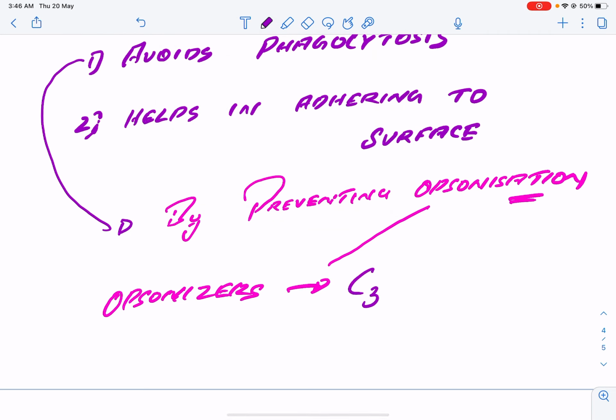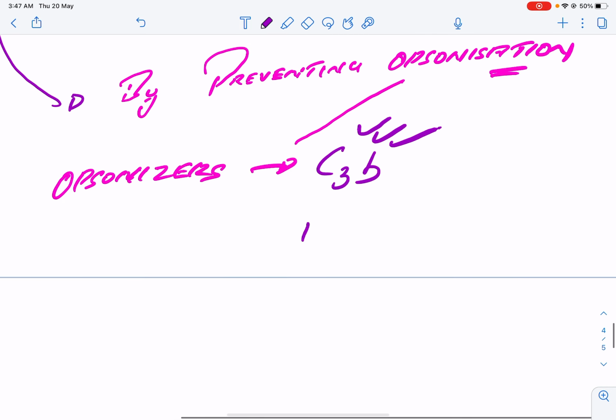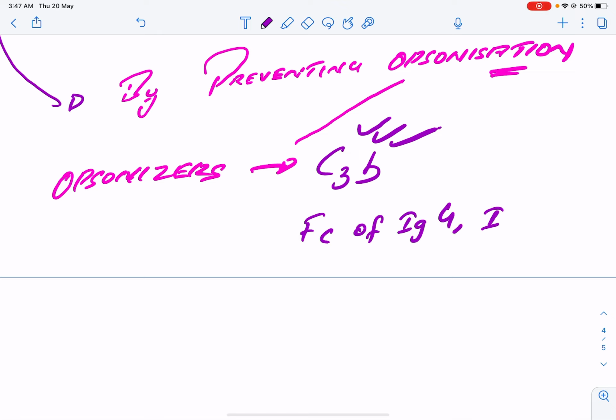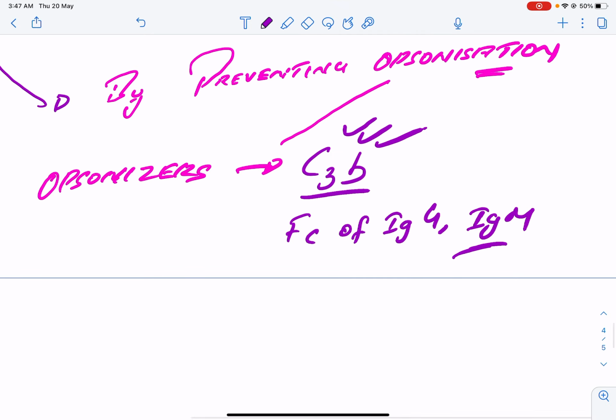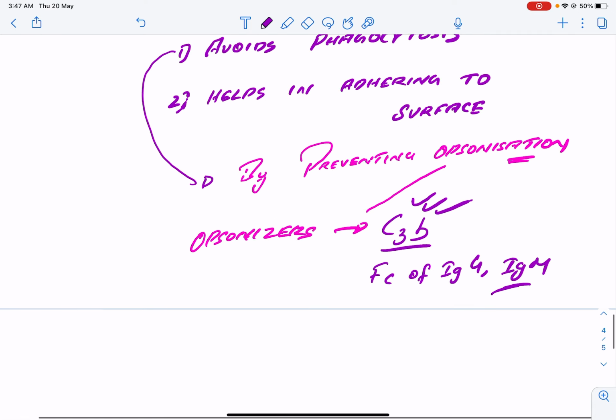The main opsonizer is C3b. Others are the Fc of IgG and IgM, but mainly C3b complement. That is only for specific bacteria that have this capsule. So let's see what these capsulated bacteria are.